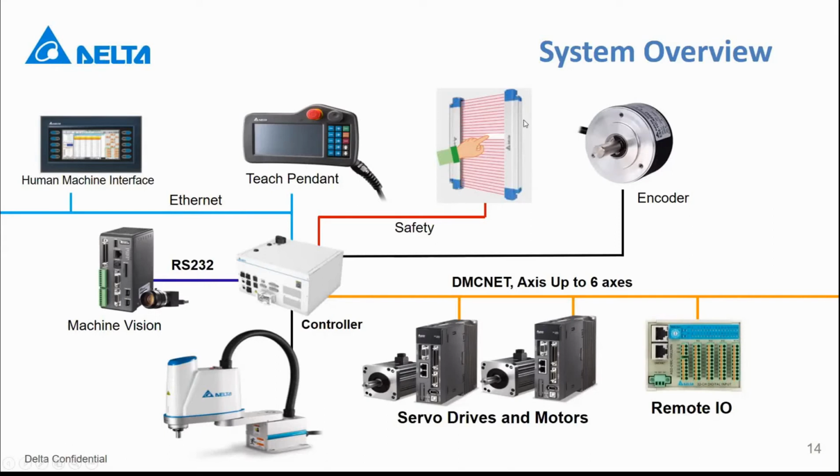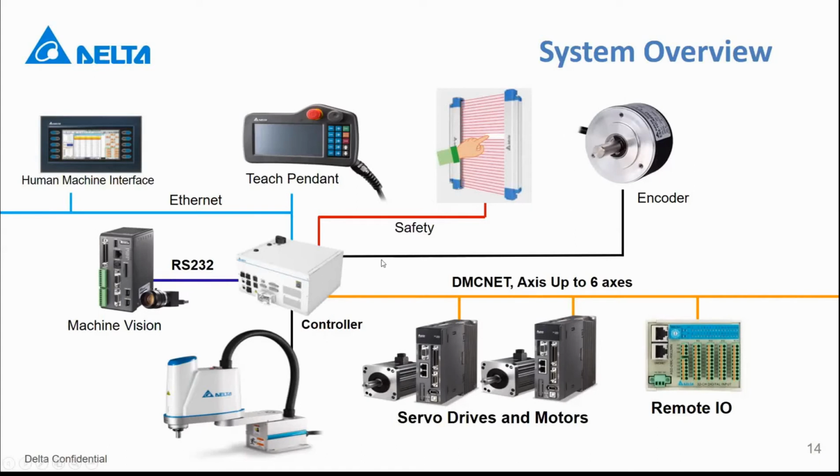And also we have a safety connector. With this safety connector, you can connect to things like a fence or maybe some door sensor for safety. If the fence or the door has been triggered, then it will stop or pause the robot immediately.